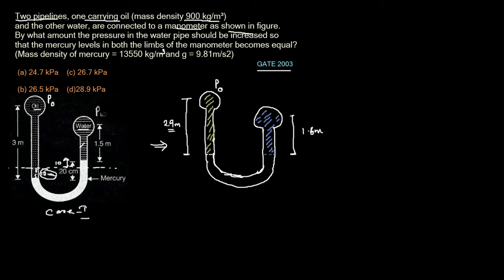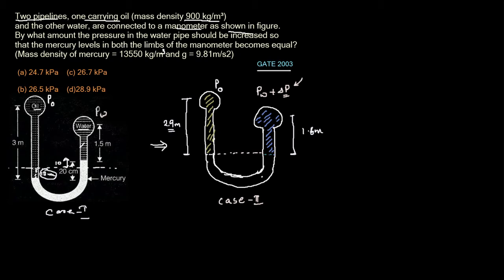Here in the right limb, in the water, there will be the pressure PW that was initially exerted and an extra delta P for making this mercury level the same. So the question is essentially to find this delta P. Let's call this case 2.